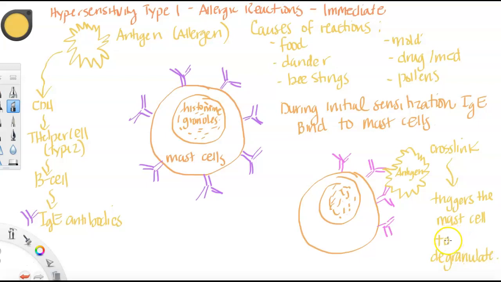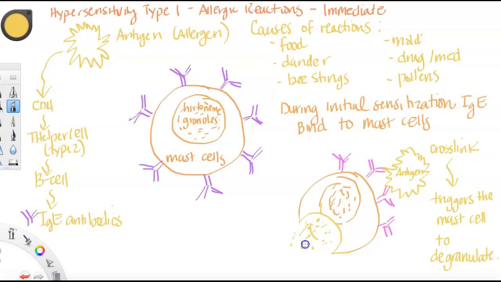or barf out all of that horrible histamine. So what happens is now the cell basically opens up and all the histamine gets dumped out.